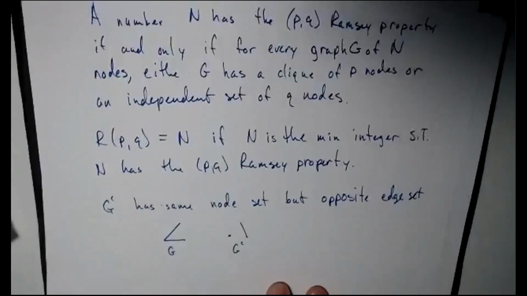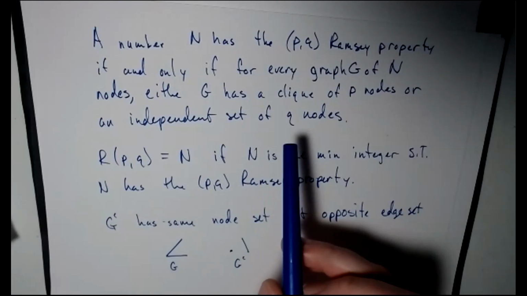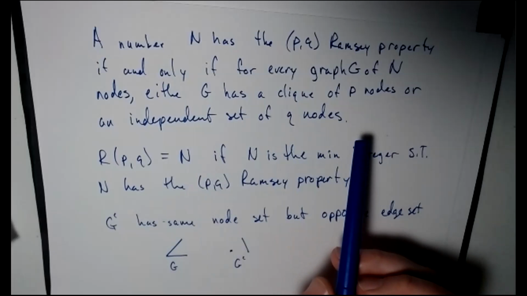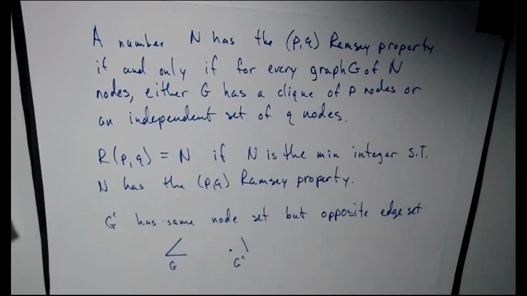And so if I look at it that way, I can say that n has the PQ Ramsey property if either G has a clique of P nodes or G complement has a clique of Q nodes, because an empty graph on Q nodes is the same as a complete graph in the complement of that.